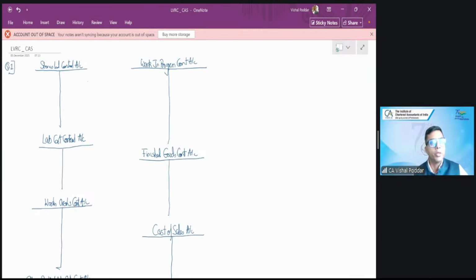Now, generally after this, we prepare the final account, which is the CLC account, that is the cost ledger control account. However, here we have a new account by the name building construction. So we'll prepare the building construction account first and then we will prepare the last account.